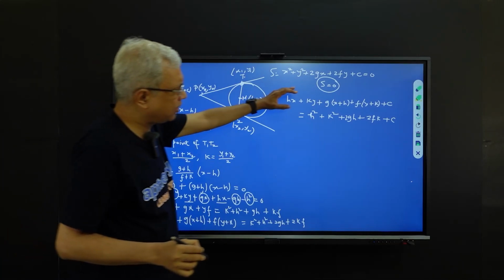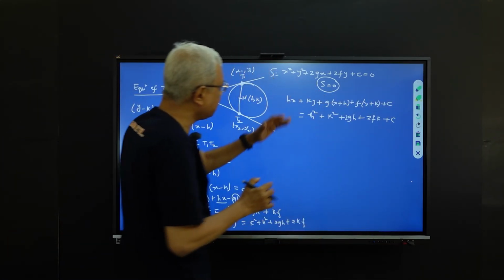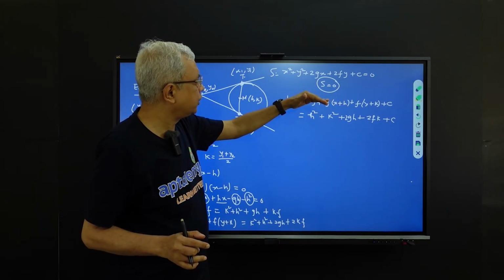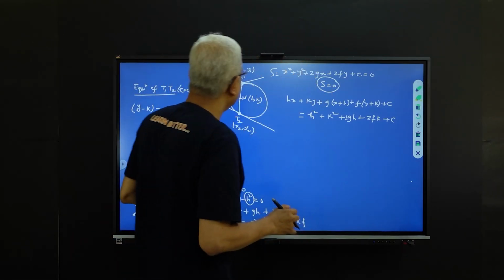So now see what this LHS represents. LHS represents as if I am writing the equation of tangent to the circle at the point hk, assuming hk is lying on the circle.